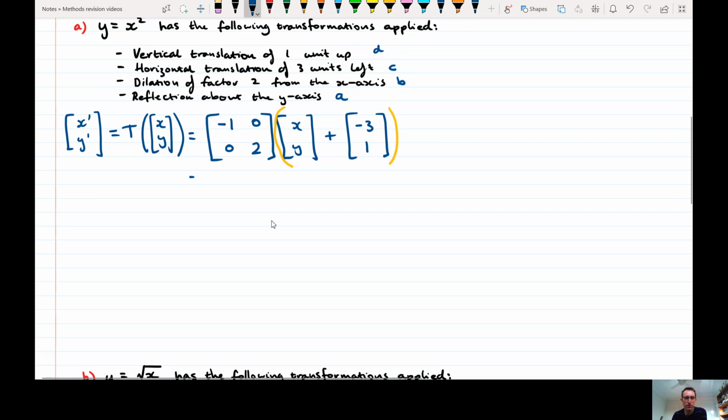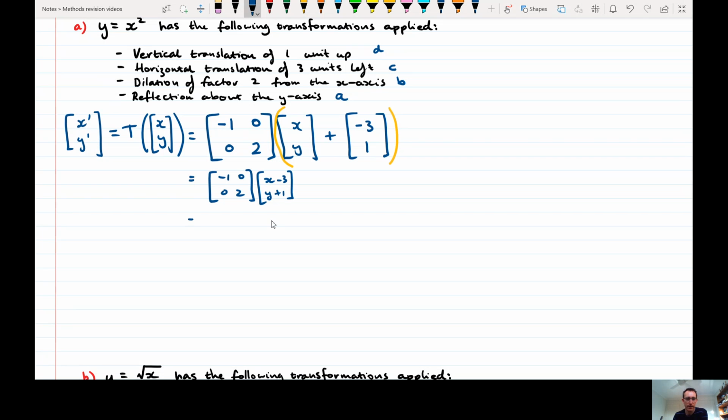Okay, that's our first step. Our second step now is to multiply out our matrices. So we're going to leave the -1, 0, 0, 2 as it is, and we simplify these. These are both 2 by 1 matrices, so you get x minus 3 and you get y plus 1.